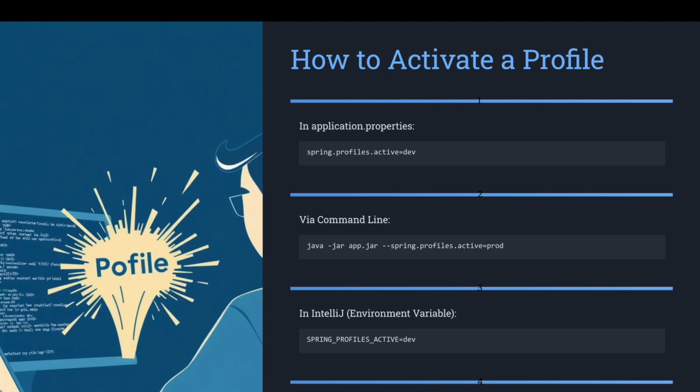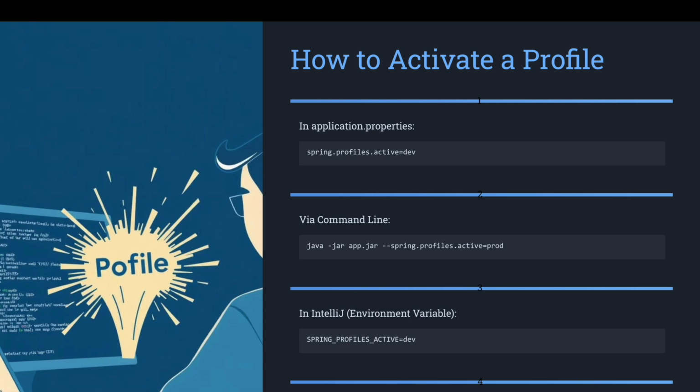Next, once you have defined the property in the configuration file, how are we going to activate that profile? There are multiple ways by which you can activate your profile, depending on how you are trying to run your application. You can add spring.profiles.active equal to dev or prod or whatever environment you are running, in the application.properties file.